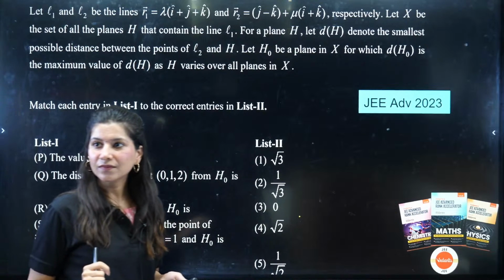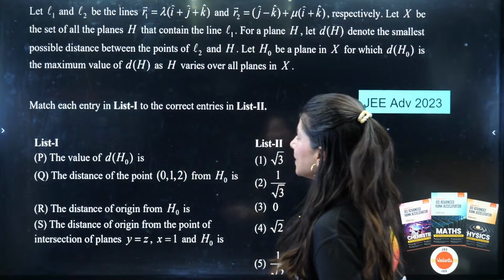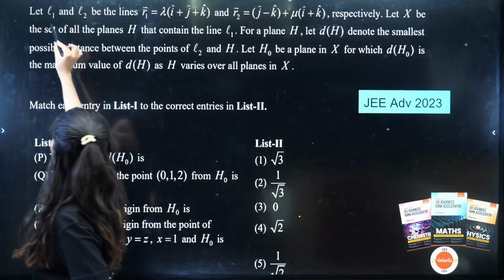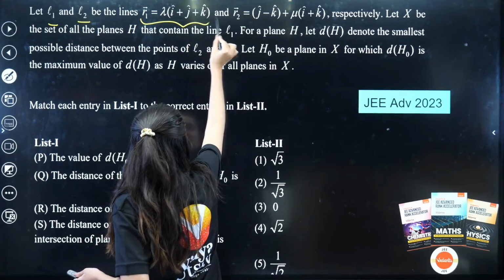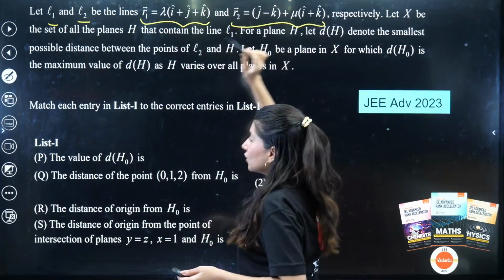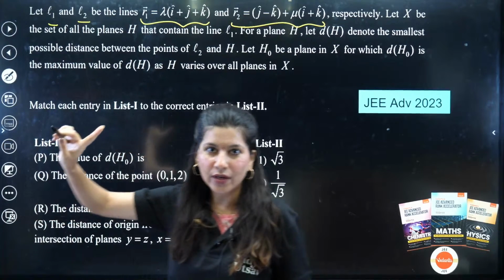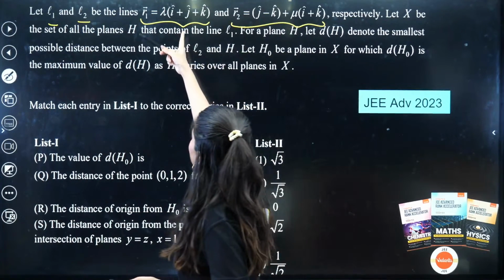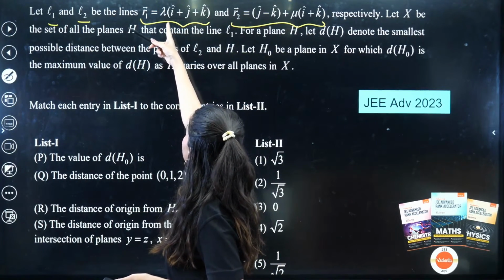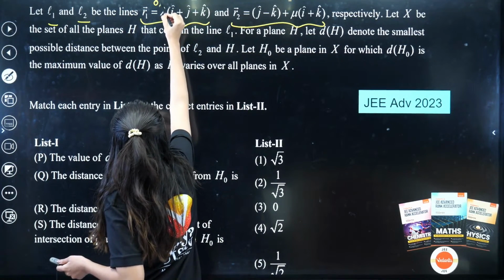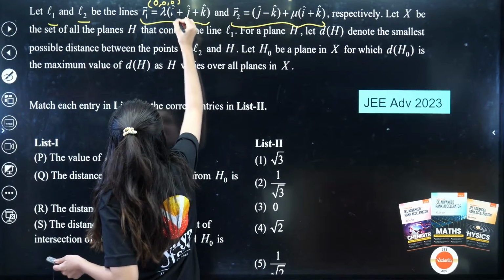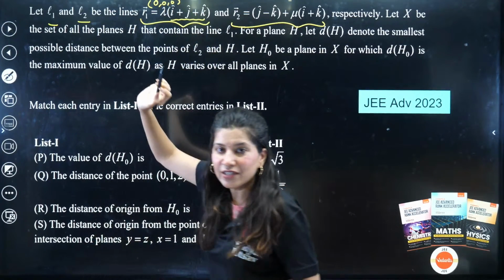Okay. All right. So this question says that let L1 and L2 be the lines r1 and r2. Okay. So two lines are given to you. So first line, if I see first line, so lambda times this, that means this first line is passing through origin 0, 0, 0 clearly, and this is the direction of the very first line.